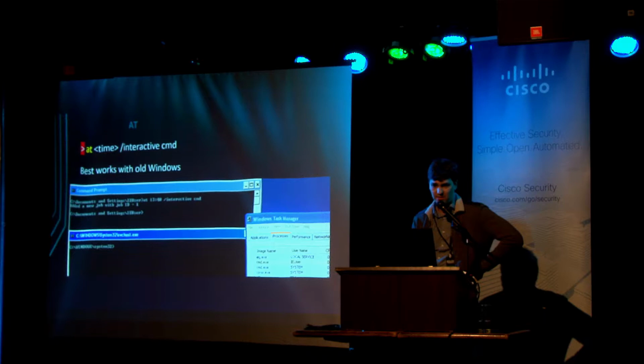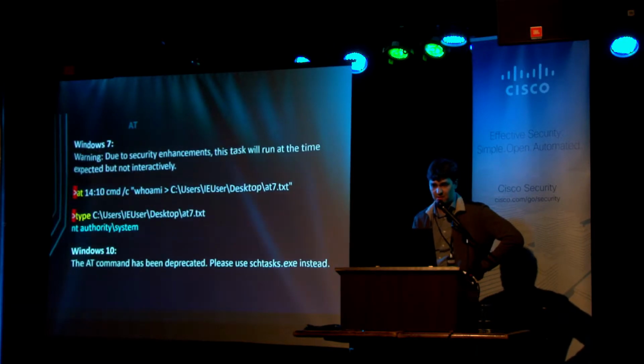The at command allows you to schedule a task, and in this sample, I ask to provide a command line in interactive mode, and when the time comes, I will get a system console, which is pretty nice. The tricky part is that it works only in Windows XP and Windows 2003. On Windows 7, due to security enhancements, this task will run only in non-interactive mode.